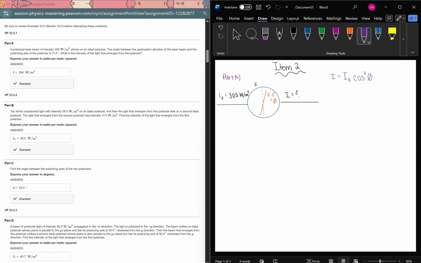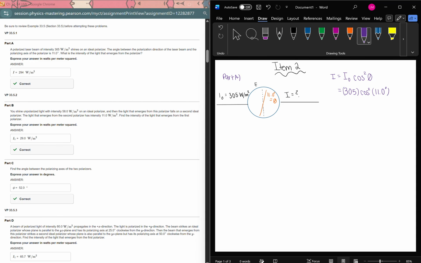So let's substitute the values. We are trying to find the transmitted intensity, so we're gonna put 305 watts per meter squared, and then cosine squared of 11.0 degrees.